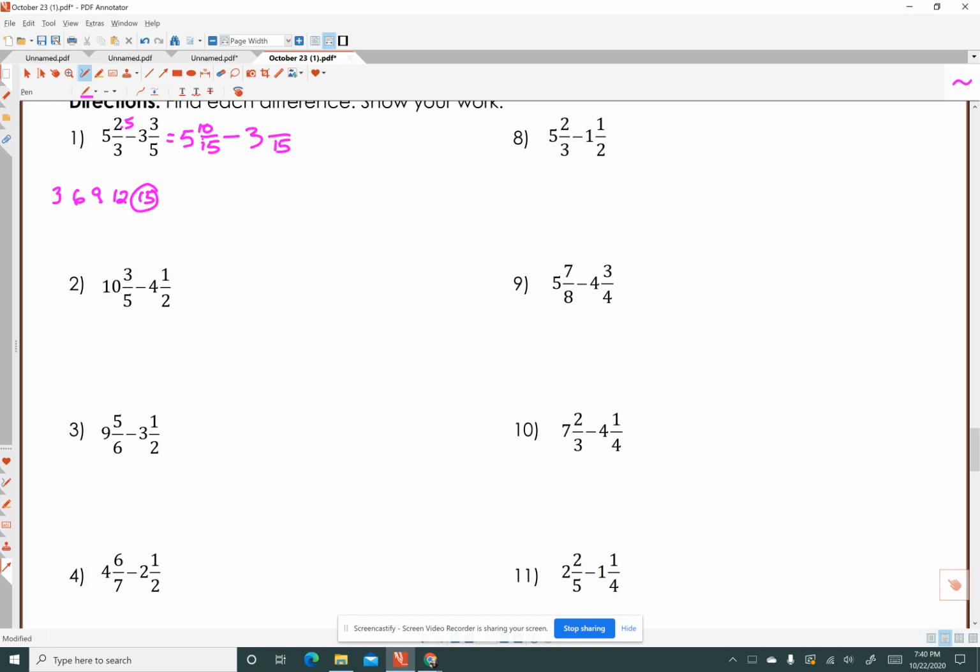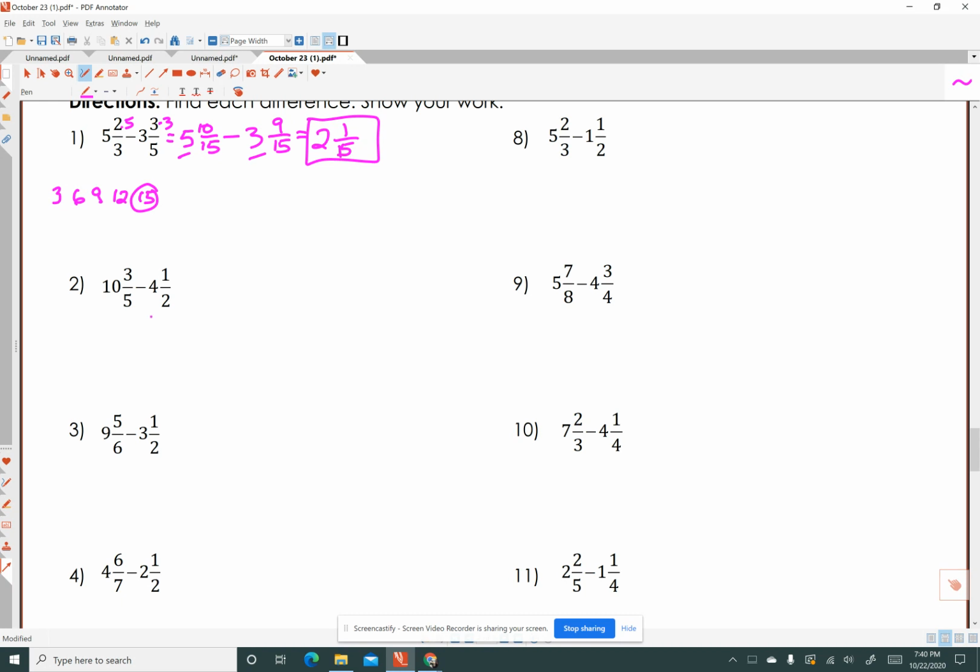And 5 times 3 is 15. 3 times 3 is 9. Can we subtract 9 from 10? We can. So 5 take away 3 is 2. 10 take away 9 is 1/15. And that's our final answer.